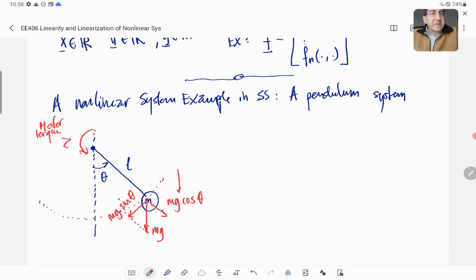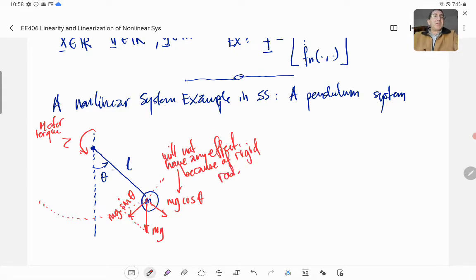Okay, so this will not have any effect because of the rigid rod. But if, for example, there was a spring instead of this rod over here, then this second force, mg cosine theta, would have an effect on how that spring was stretched.